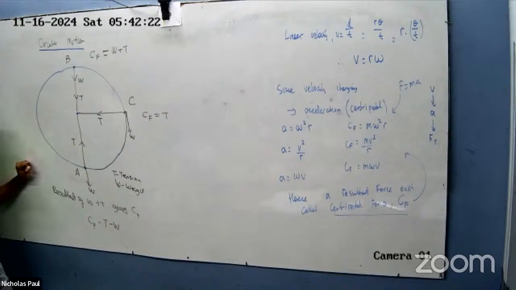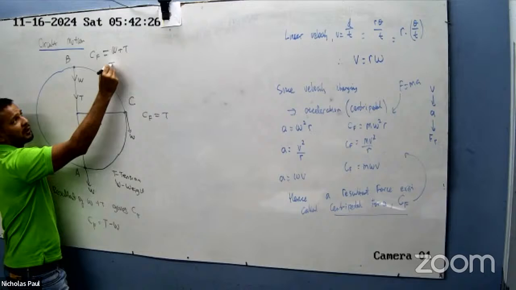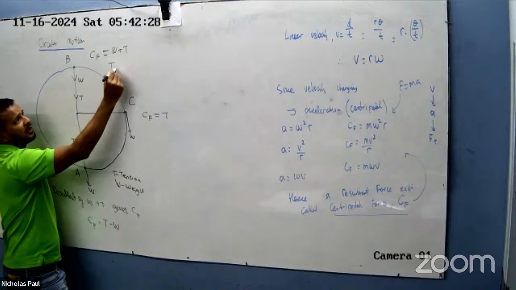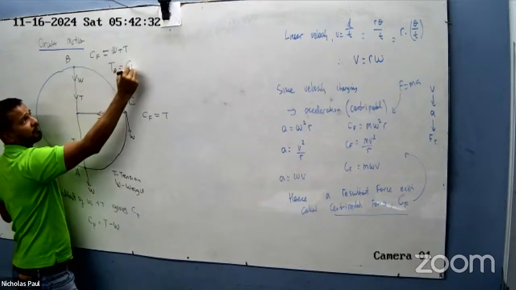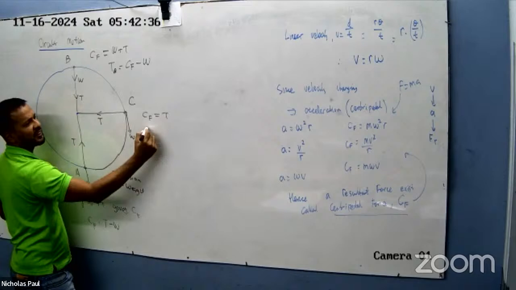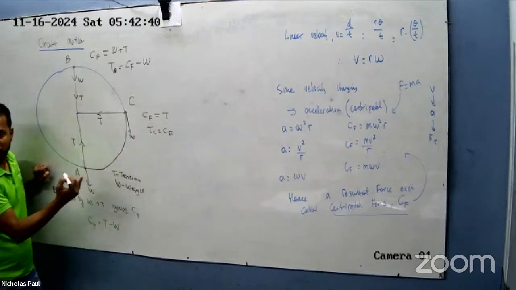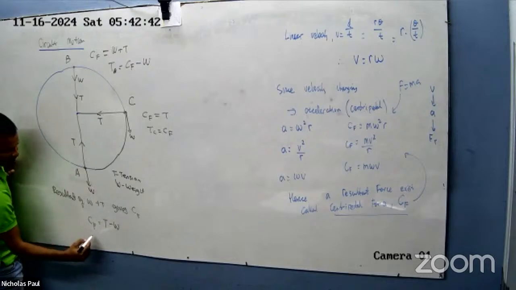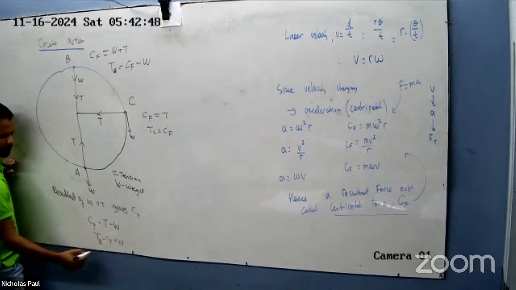I also have to find tension, right? So tension at A is what? Just rearrange. Centripetal force minus weight. Tension at B is centripetal force alone. And tension at C is centripetal force plus weight.